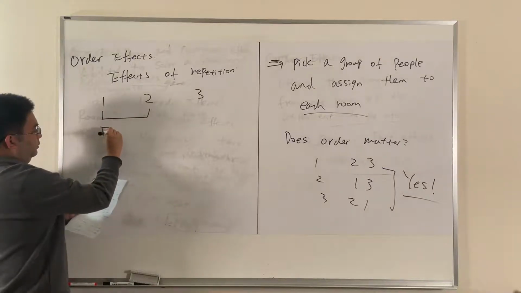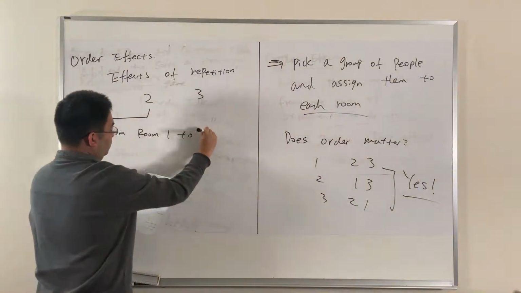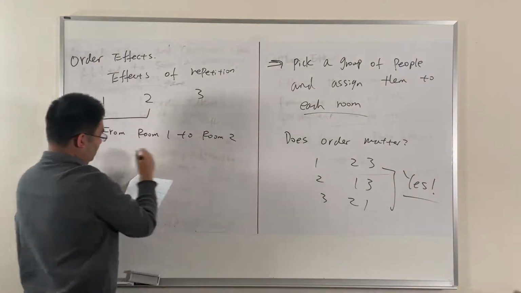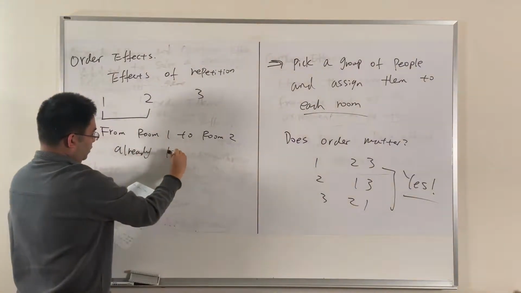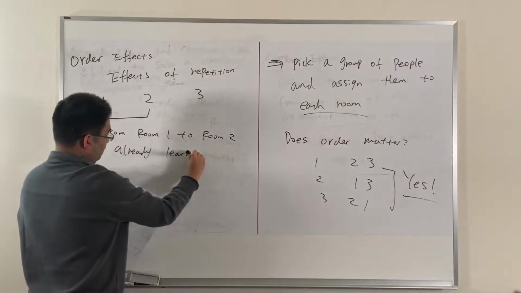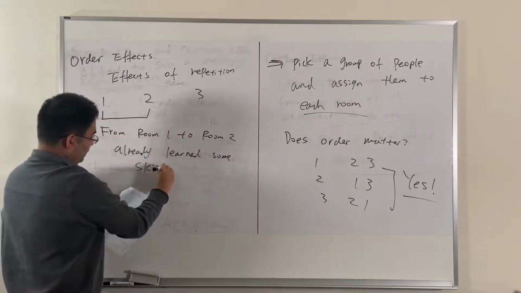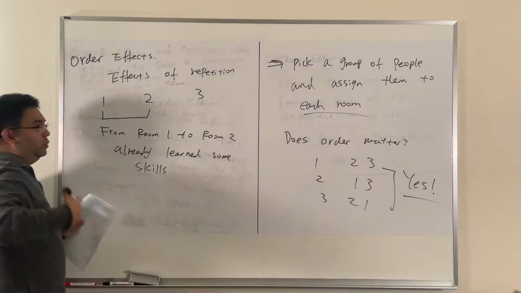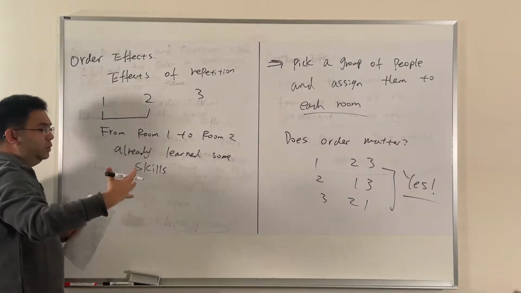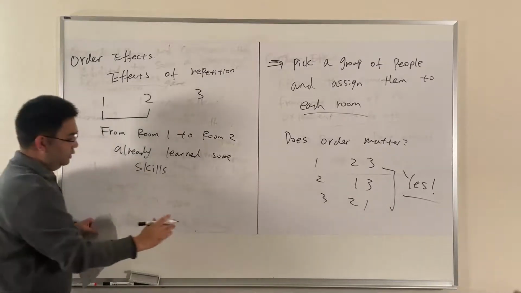So from room 1 to room 2, you already learned some skills. And this creates bias, right? Because you already learned some skills in room 1 and then you are using the skills in room 2, and it just biased the results in room 2.